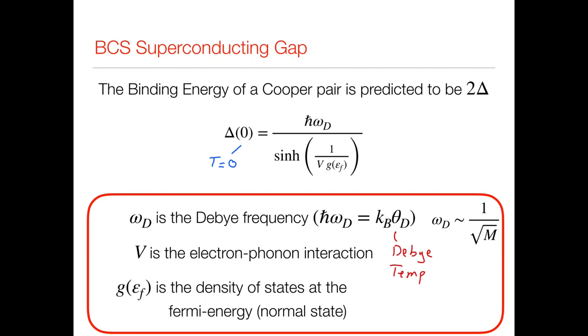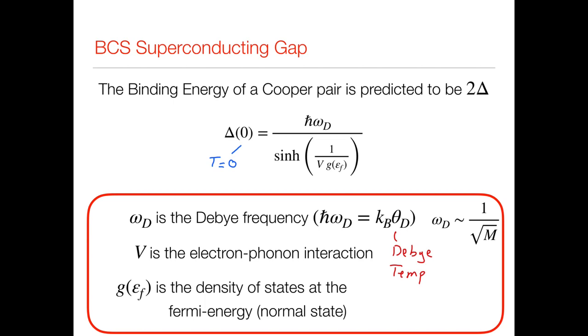That kind of makes sense because the heavier we make a mass, the slower the frequencies of vibration. So there's a dependence of omega d on the mass, and it actually goes as 1 over the square root of the mass in an elemental material, and that would be an interesting result to keep in mind later on.